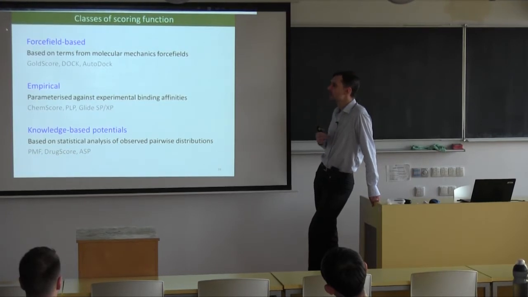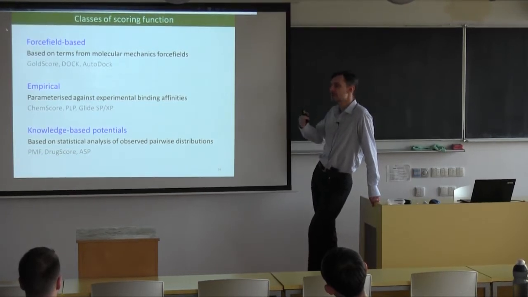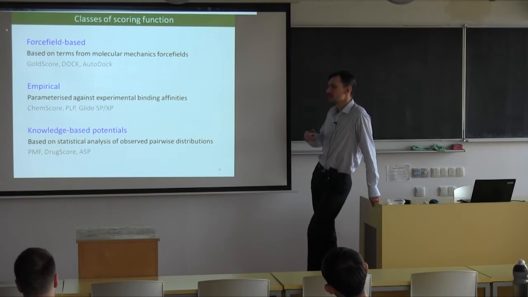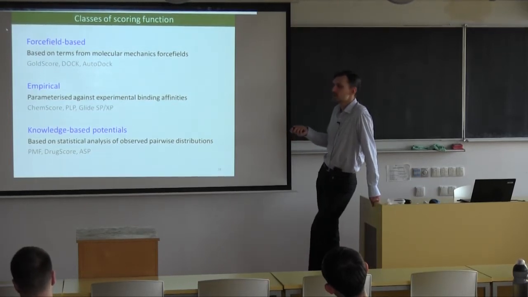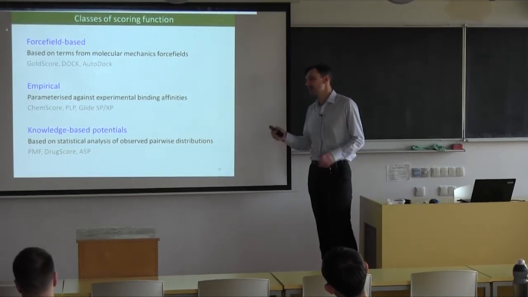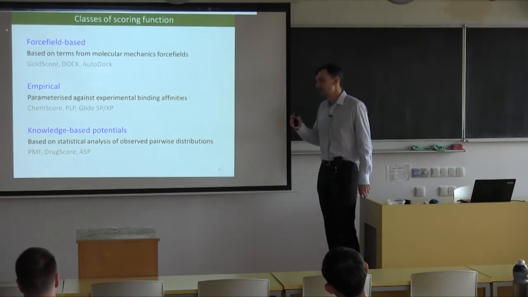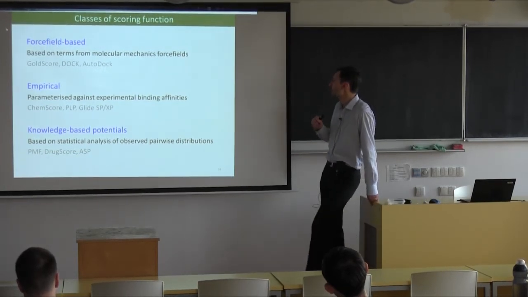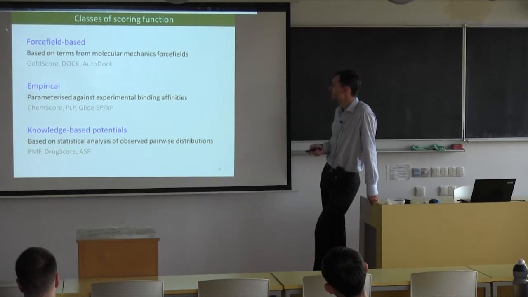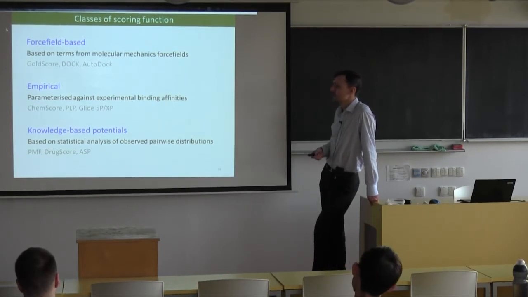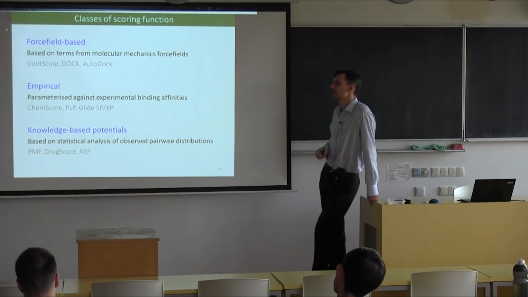Empirical scoring functions can be considered like a simple QSAR model. They take several parameters of the geometry of your protein-ligand interaction, and they produce some outputs. These are usually linear models or more complex ones, like random forest models nowadays, similar to QSAR models. So they use machine learning methods. And knowledge-based scoring functions use just the statistics of contacts from available PDB structures.